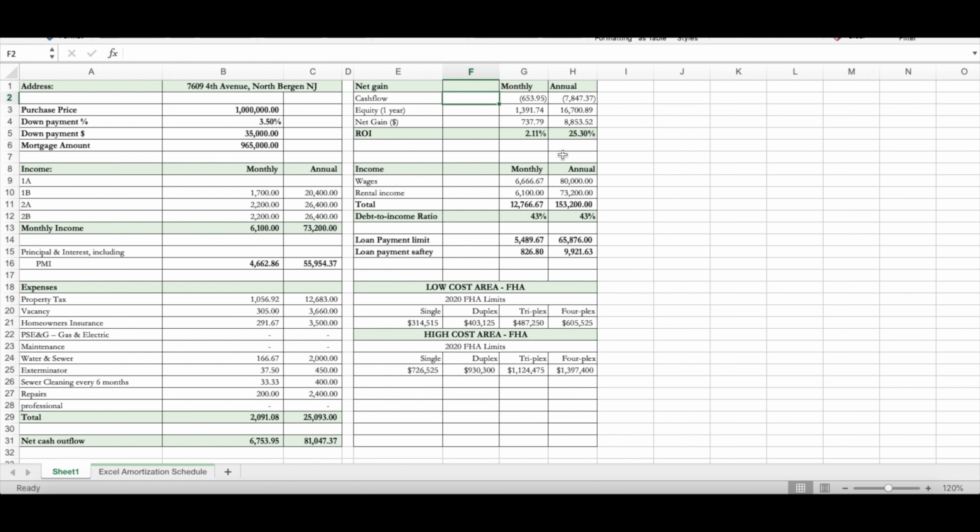Now, if I decided to rent to a roommate and have them cover maybe half of the cost, which would be $850, that would mean that I would be cash flow positive $196 every single month.